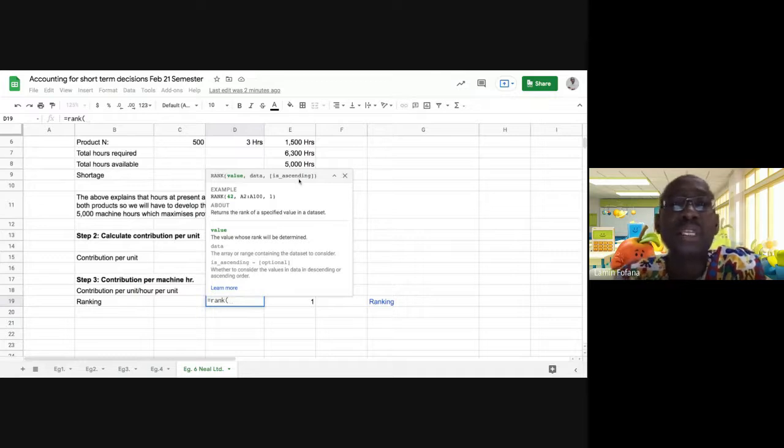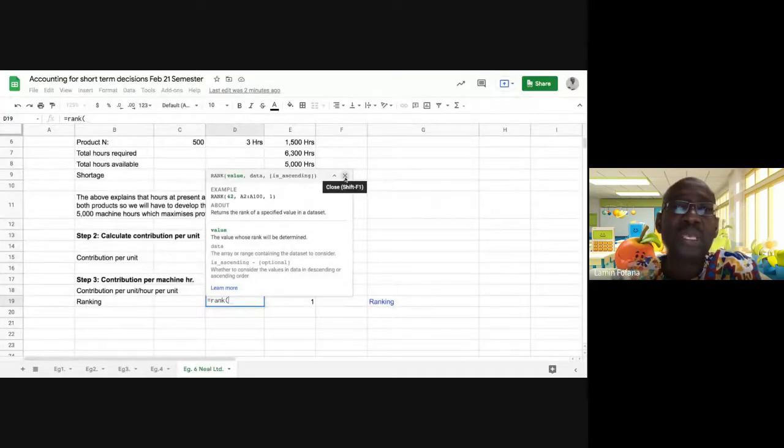It will do it in descending order for you. The example is rank number 42 in a data set from A2 to A100, for example, in descending order. So it will tell you whether it's first, second, third, depending on its magnitude. Okay? So we know how to do it.